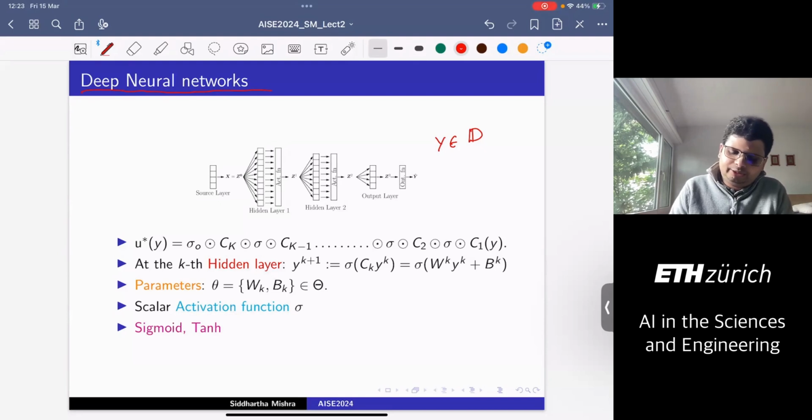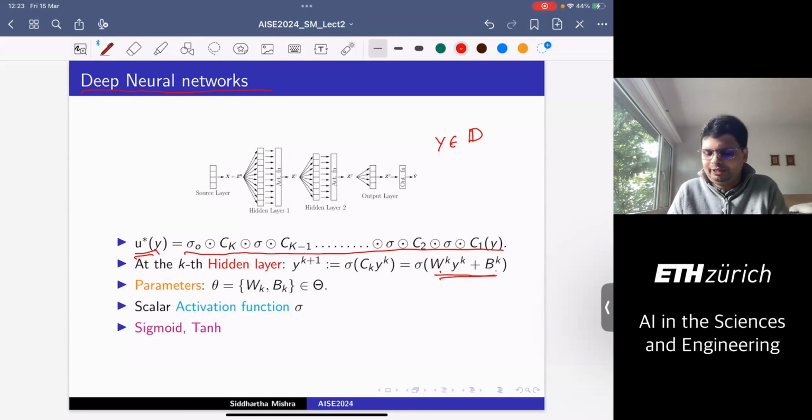And then the deep neural network, U star, is defined in terms of all these layers that you know very well. Each layer has two elements. The first one is this affine piece, given in terms of a weight matrix W_k and a bias vector b_k for the kth layer. And then you also have a scalar activation function.